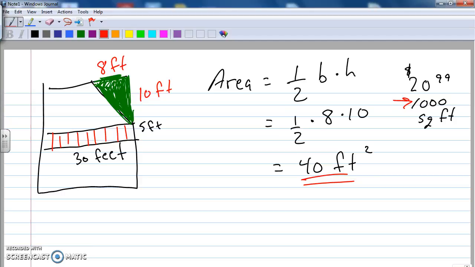So we need to do a little bit of division there to actually see what part of that $20.99 I actually need to use. So we're going to take our 40 feet squared, and we're going to divide it by the 1,000 square feet, to actually find out the ratio that we need to use.